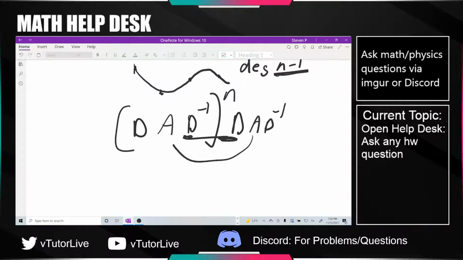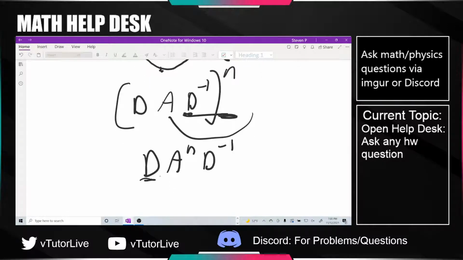So this means that the A's get to just raise in power really simply. So raising the diagonalized form to the nth power just becomes this. If you just calculate the diagonal entries beforehand, this lets you bump A to a high power really, really quickly.